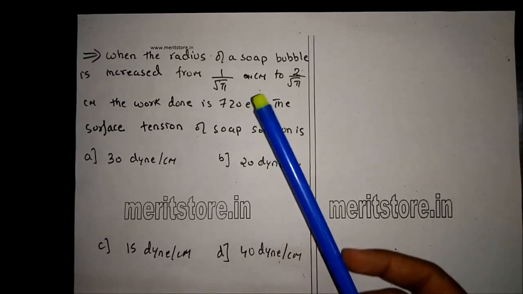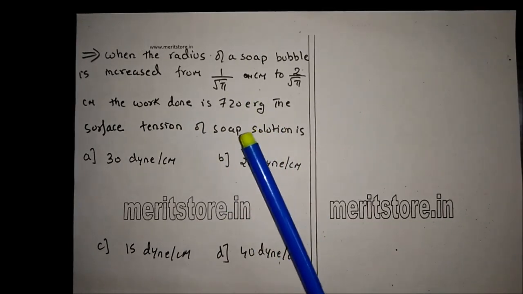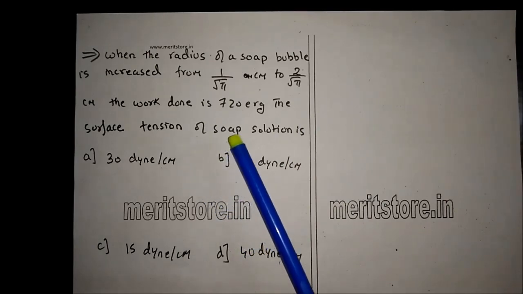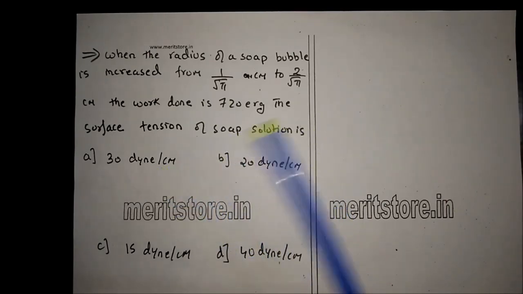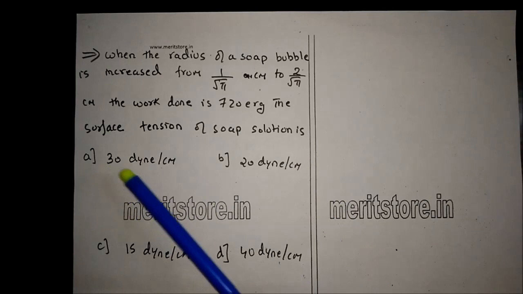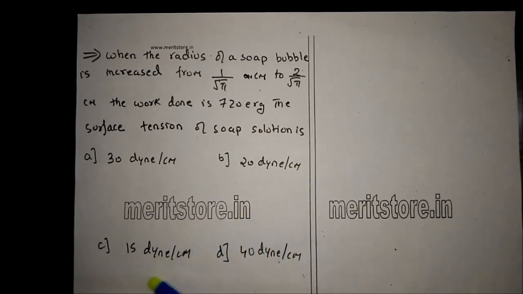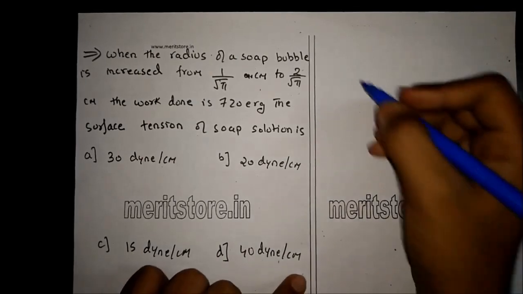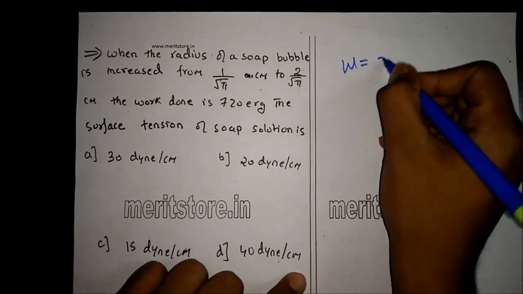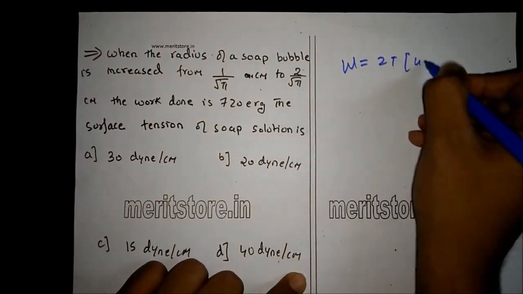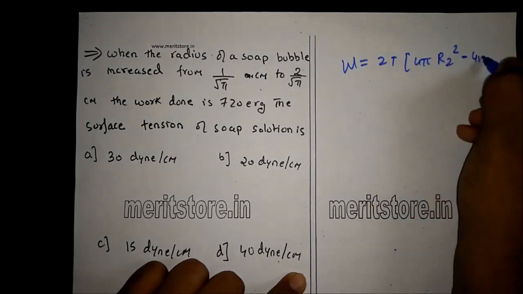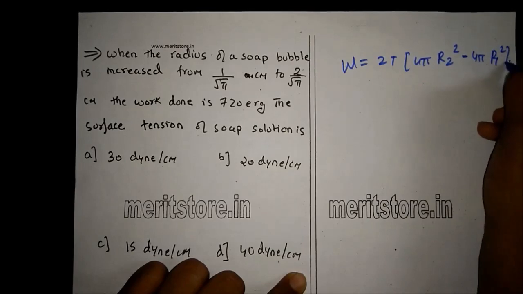When the radius of a soap bubble is increased from 1 upon root pi centimeters to 2 upon root pi centimeter, the work done is 720 ergs. The surface tension of soap solution is either 30 dyne per centimeter, 20 dyne per centimeter, 15 dyne per centimeter, or 40 dyne per centimeter. Now we know that the work done W is given by the formula 2T into (4 pi R2 square minus 4 pi R1 square).